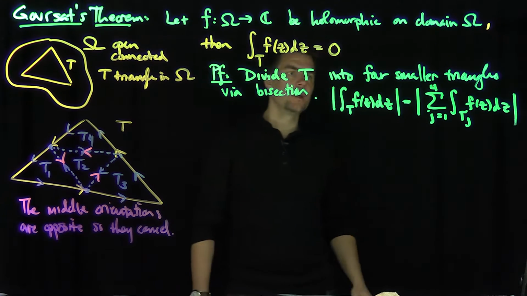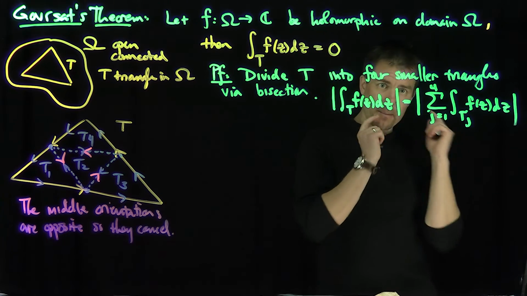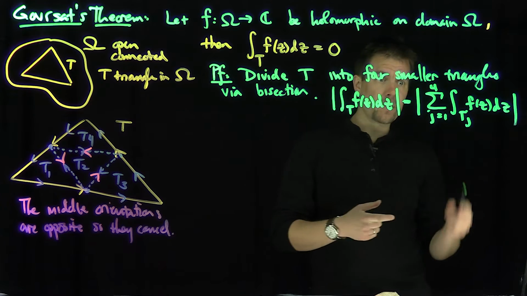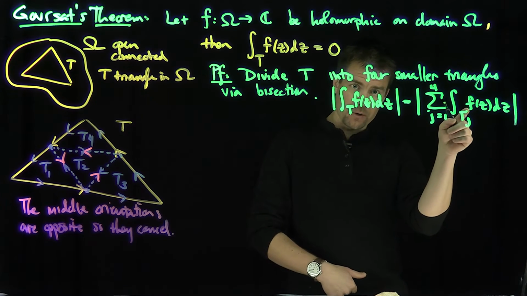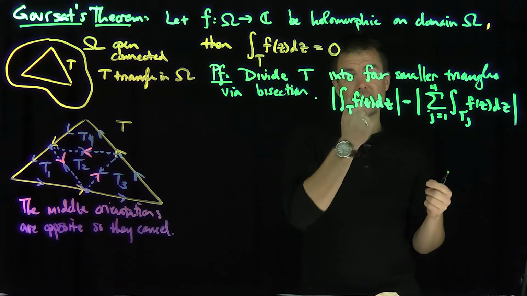Okay? So what I have over here is that the overall size of this integral in absolute value is the absolute value of the sum of these four things, which means that one of these four integrals has to be at least a quarter of the total integral.